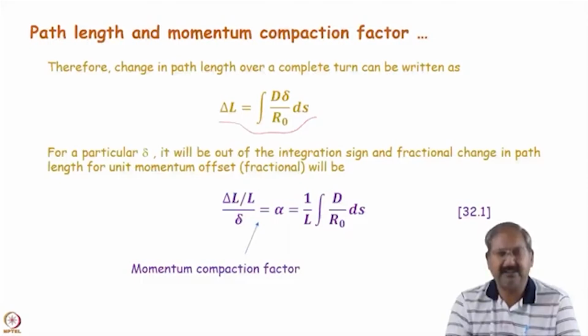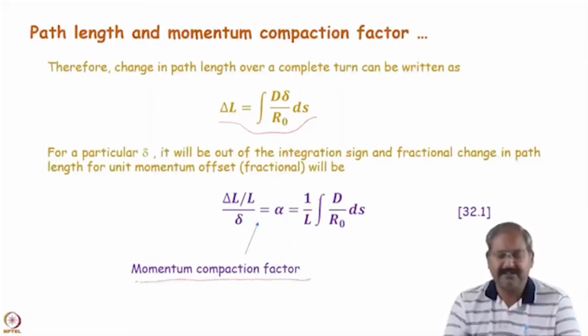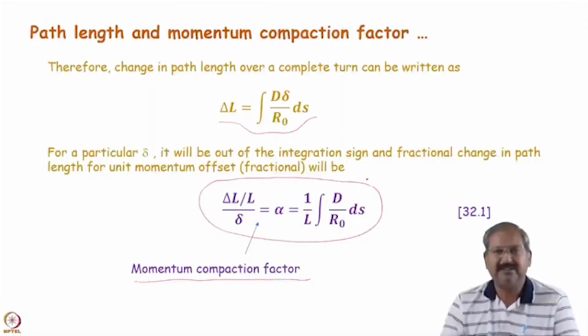What will be the fractional path length change for a fractional momentum offset? This parameter in accelerators is known as the momentum compaction factor, and it is just the integration which we have written here divided by L, because we have a fractional change in the length. So this alpha actually decides the change in revolution time for the particle which has a deviation in the momentum.